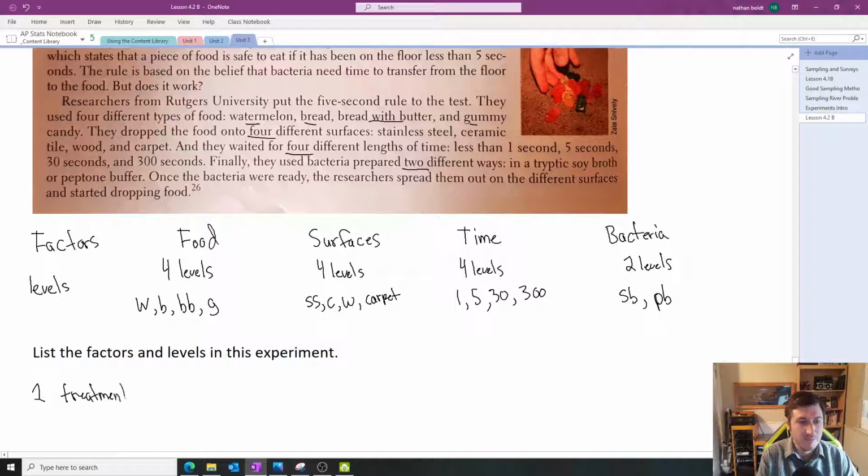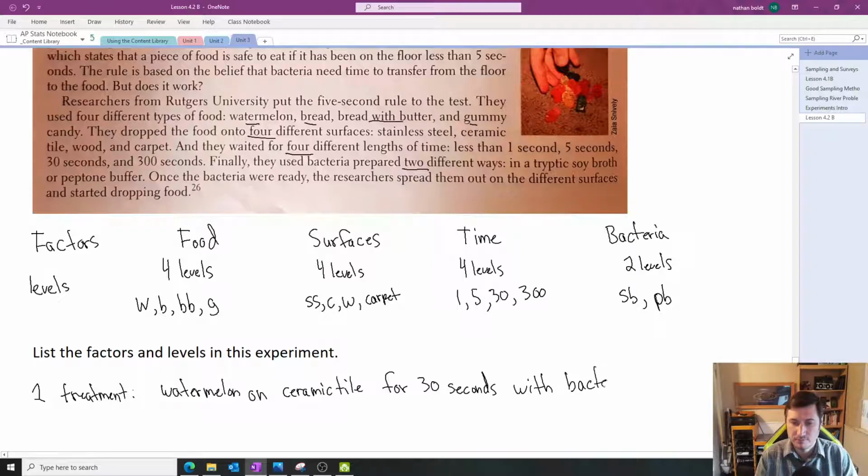One possible treatment would be, let's do watermelon on, let's say, ceramic tile for 30 seconds with bacteria from the peptone buffer.